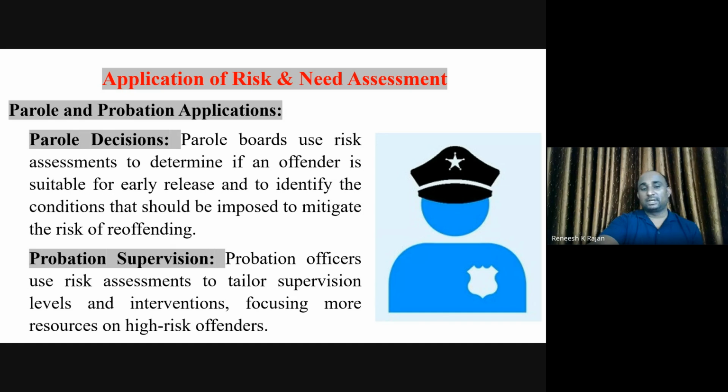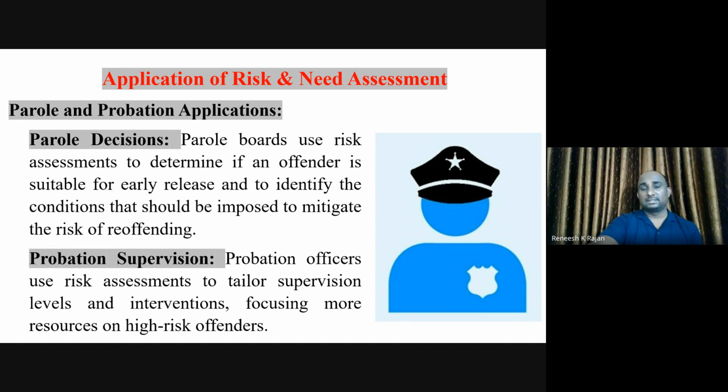And apart from that, we have probation supervision. Probation officers use risk assessment to tailor supervision levels and interventions, focusing more resources on high-risk offenders. We have probation, right? So these probation officers can also use this risk assessment to tailor their supervision levels and interventions.